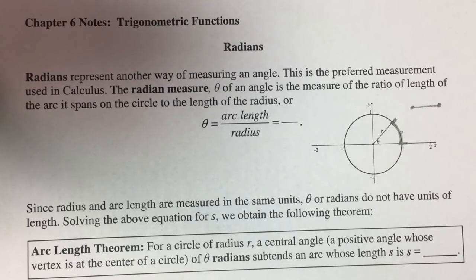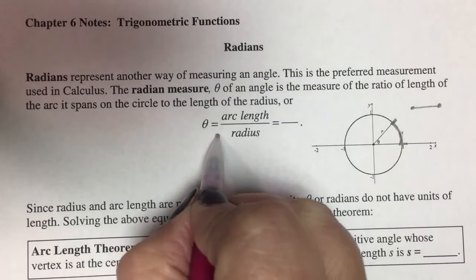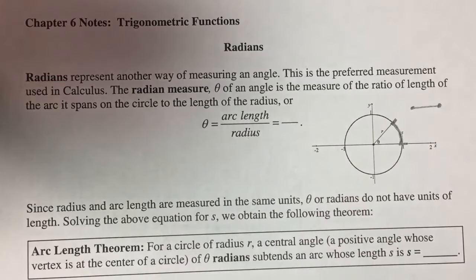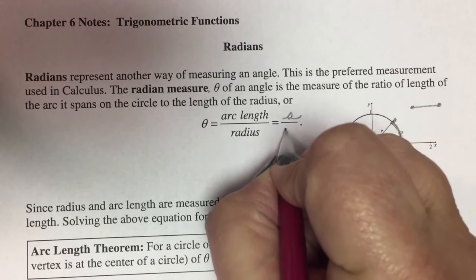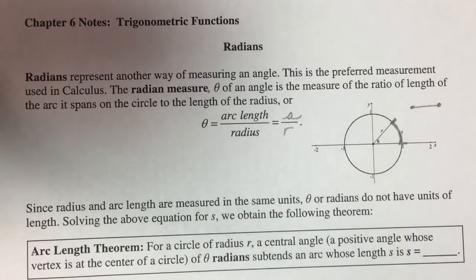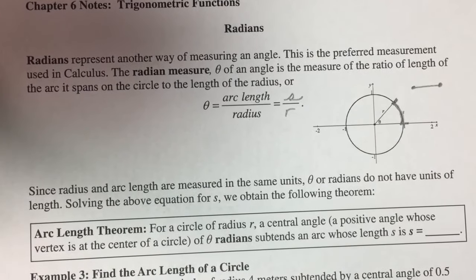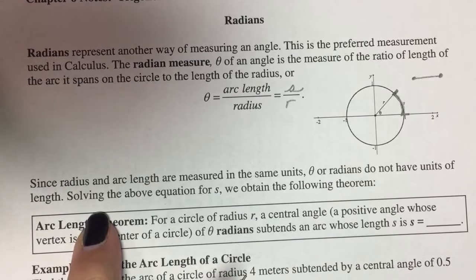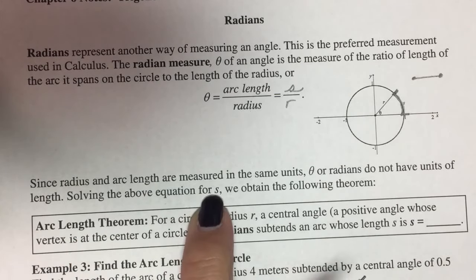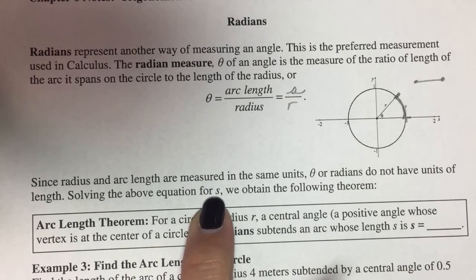And here's a formula for you. Your theta is the arc length divided by the radius, which in this case is s divided by r. Since the radius and the arc length are measured in the same units, theta, or the radians, do not have units of length. So if we solve the equation for s, we get the following formula.